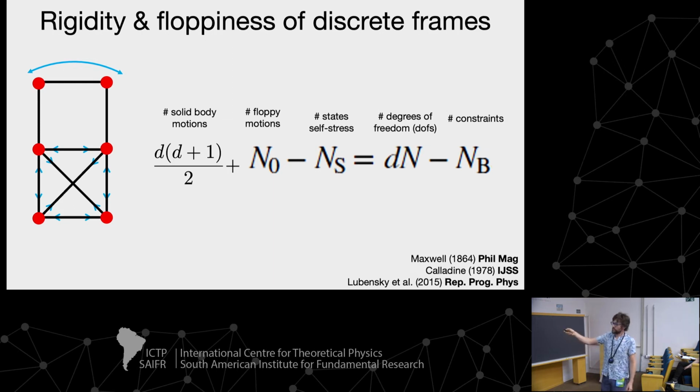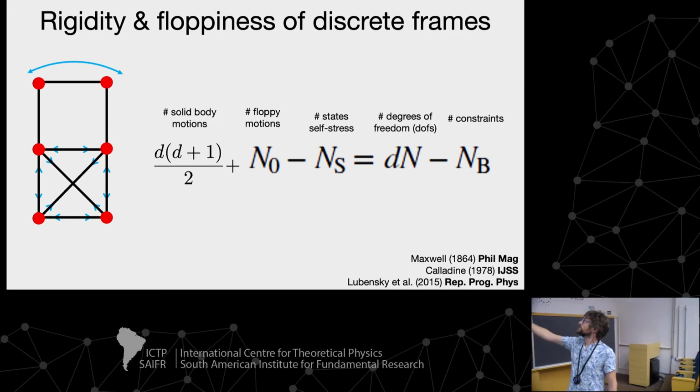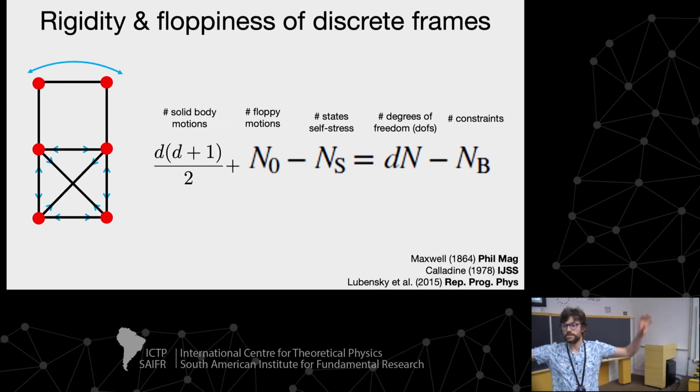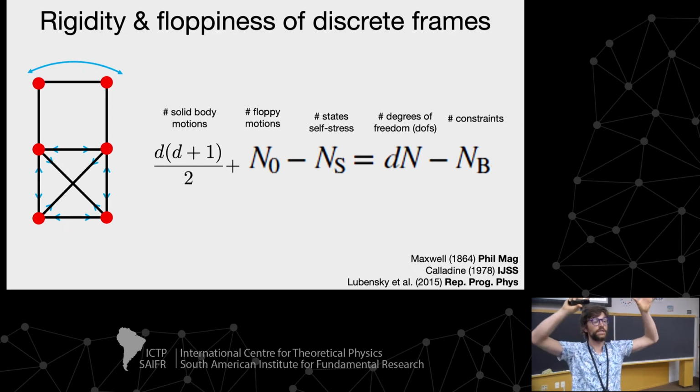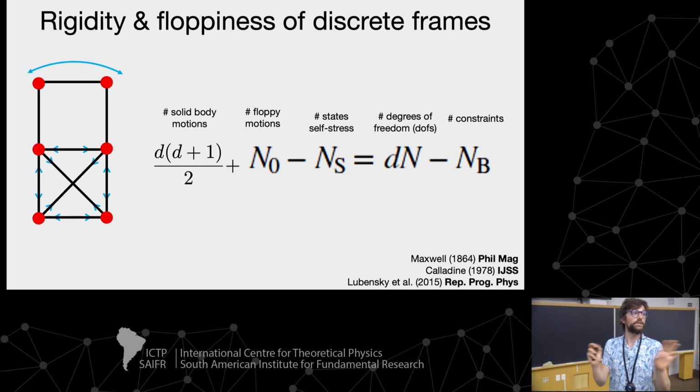What we'll do is just play around and toy with some examples so that you can get used to how to use it. Basically, if I recall what the formula says, this structure has some solid body motion. So here in 2D, it's 3, because this object, if it's not pinned to the ground, can just move up and down and can rotate. So that's 3 solid body motions that don't deform any of the springs, right?